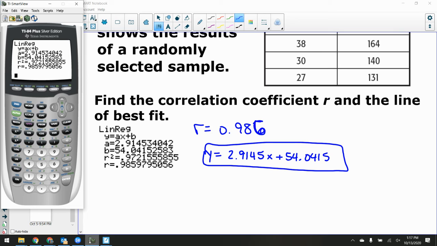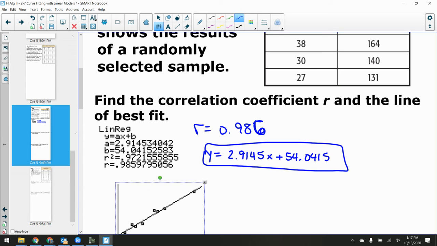Remember, to do that, you have to start in your y equals. Vars, statistics, EQ, enter, enter. And now we graph. Okay, so there's my scatter plot with my line.